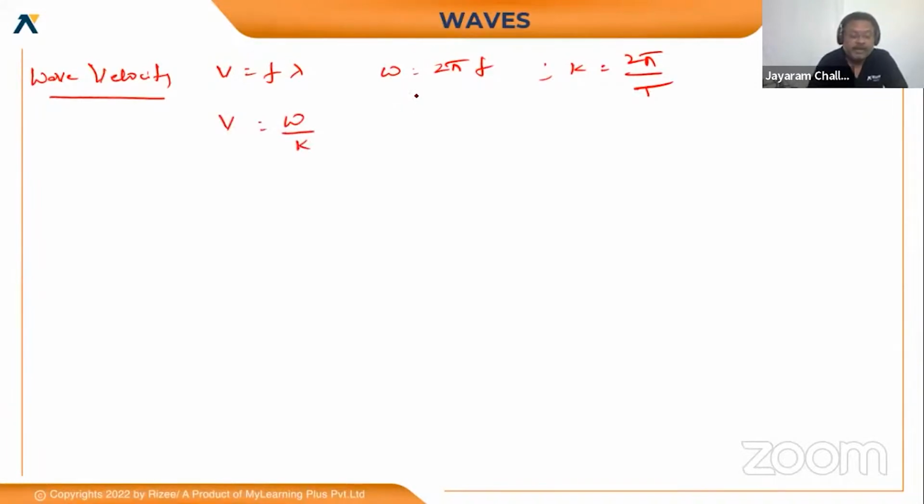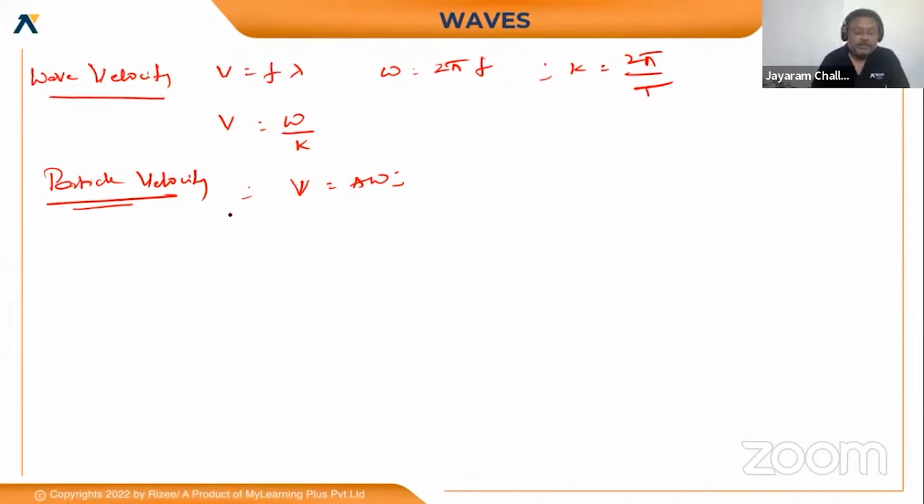This is called wave velocity. Now the particle velocity will be different. What is this particle velocity? From SHM formulas, v is equal to a omega, which is the maximum. This is the particle velocity at that particular instant. So from this, wave velocity we also got.